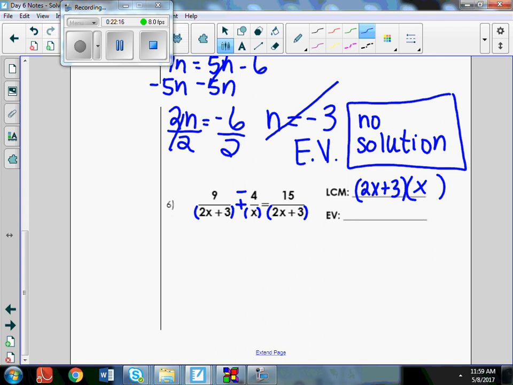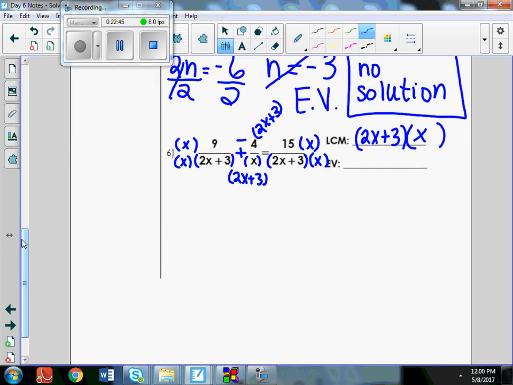So the first fraction, what would you multiply it by? It needs the x. And then the second fraction has an x. It needs 2x plus 3 on the top and the bottom. And then this one has 2x plus 3. It needs an x. Very good.